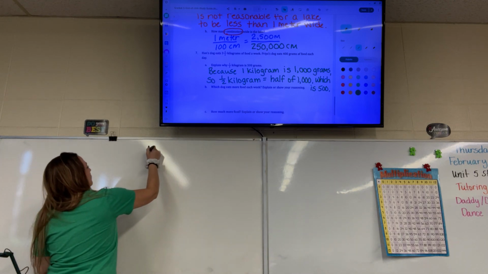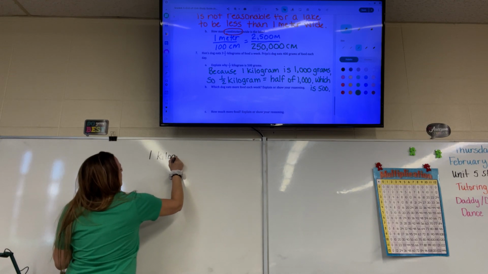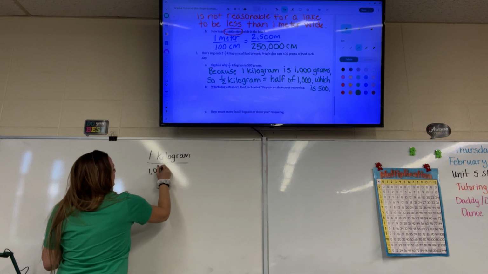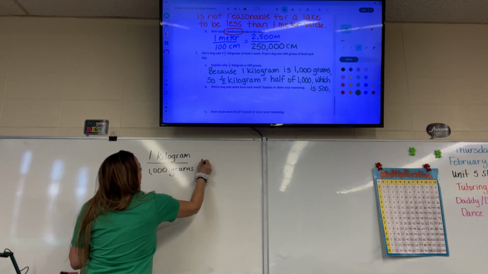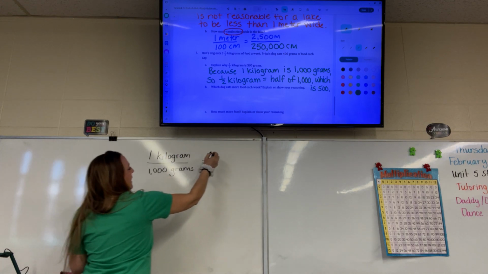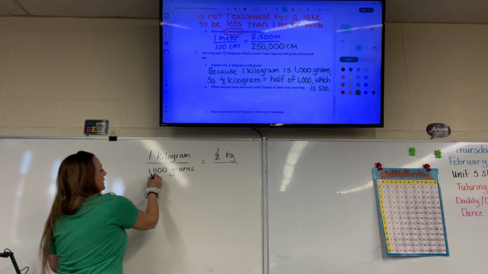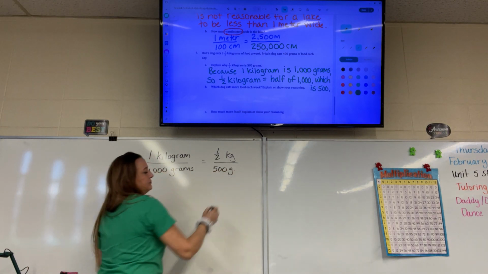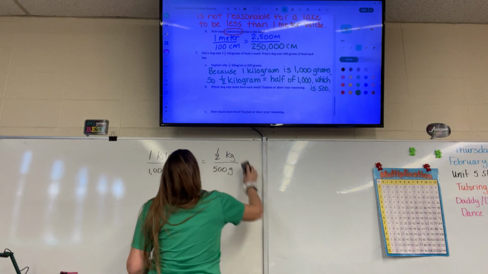So if we know 1 kilogram is 1,000 grams, if we cut this 1 in half, then 1/2 kilogram, we are going to cut this 1,000 in half to get 500, right? Okay, 2 more problems.